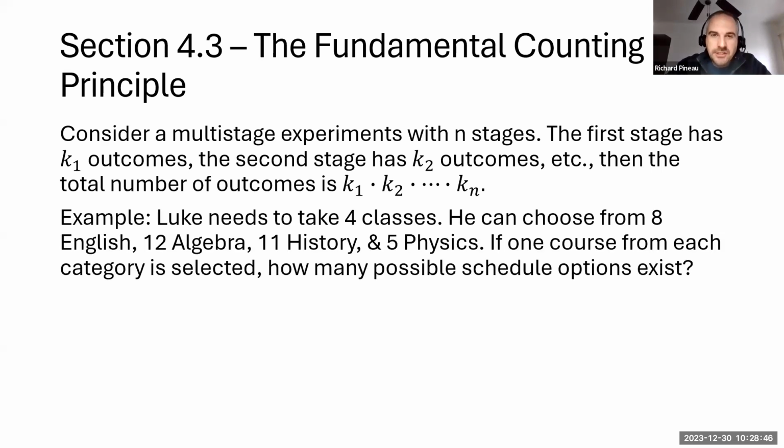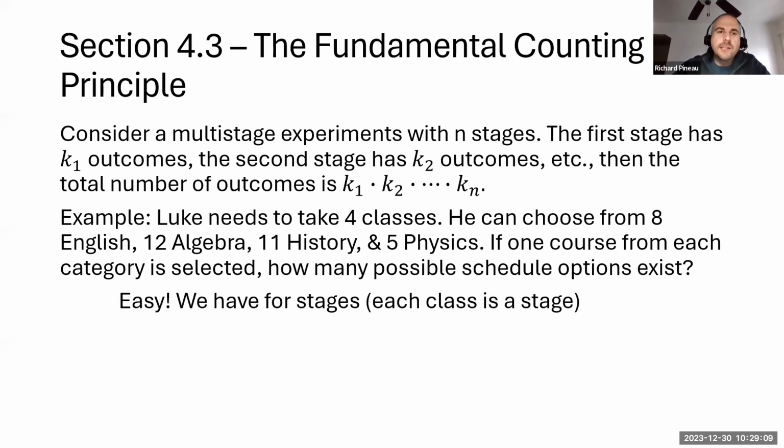So let's see if we can understand this. Luke has to take 4 classes, and he has the ability to choose from 8 English, 12 algebra, 11 history, and 5 physics. So each of these represents a stage. So English is a stage, algebra, history, physics are each stages. If one course from each category is selected, how many possible schedule options exist?